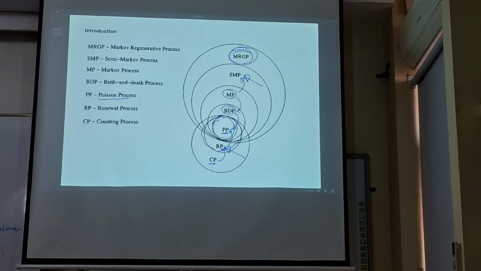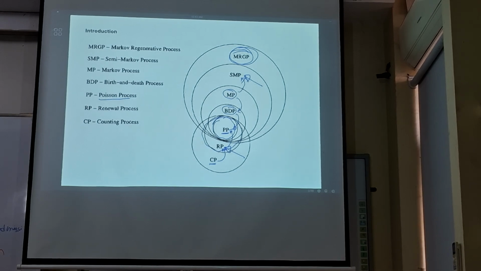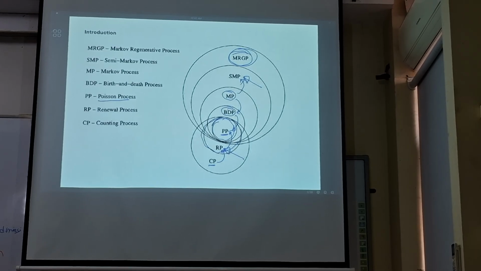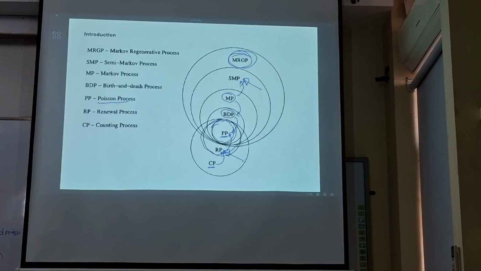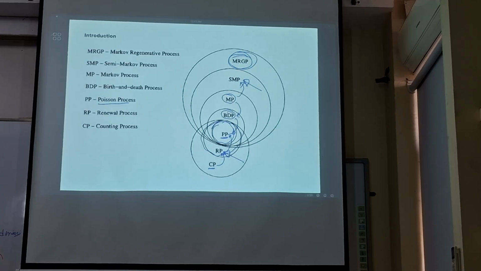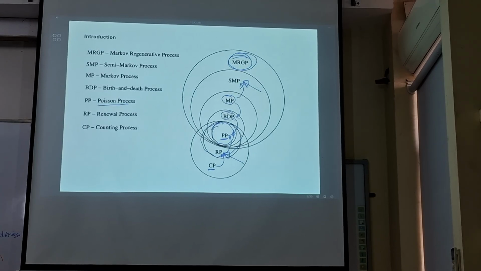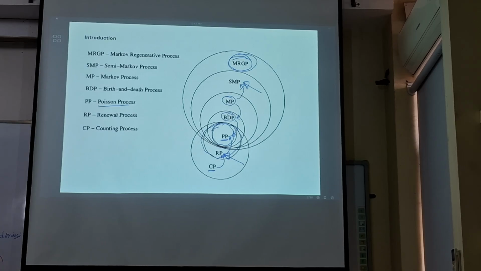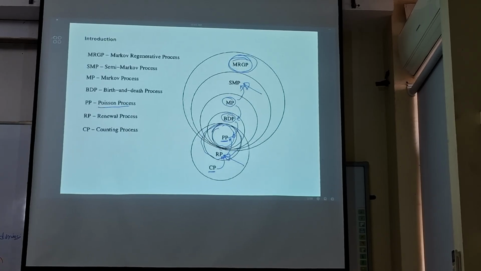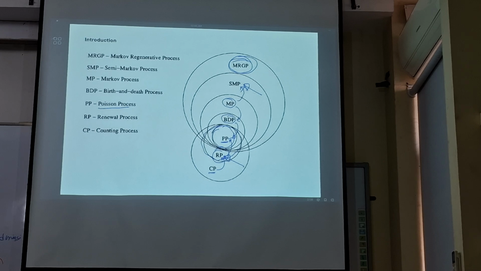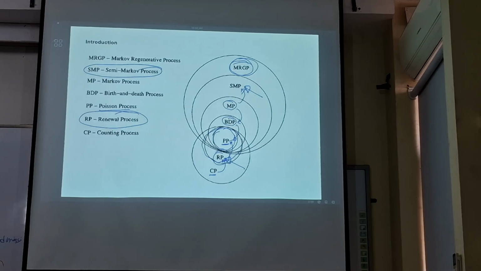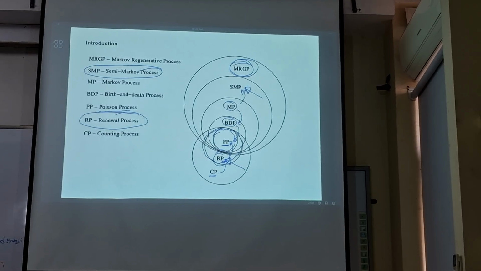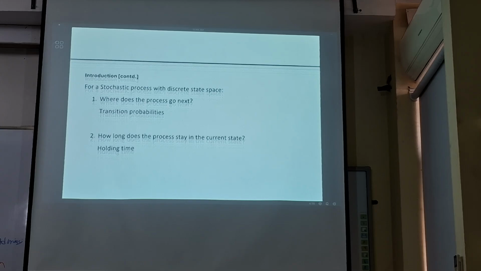We want to generalize this a bit, where the process will no longer be pure Markovian. Still, some properties of the Markovian will remain, but some properties we will have that do not directly support the Markovian. So we call such a process a semi-Markov process. And we will start with the renewal process, and the semi-Markov process in general. Okay. The renewal process definitely is a semi-Markov process.